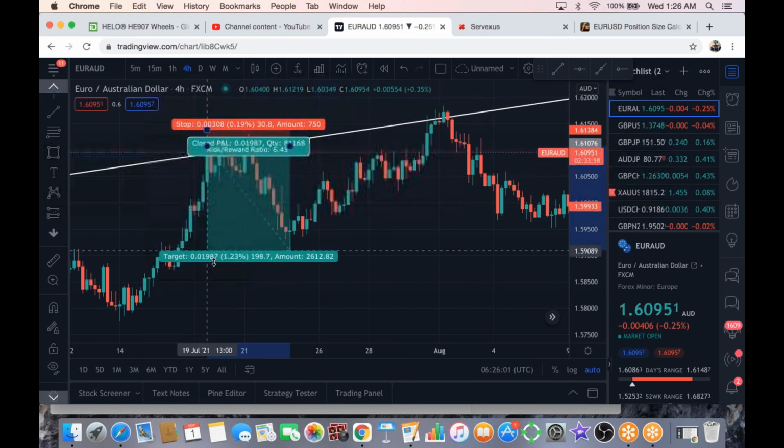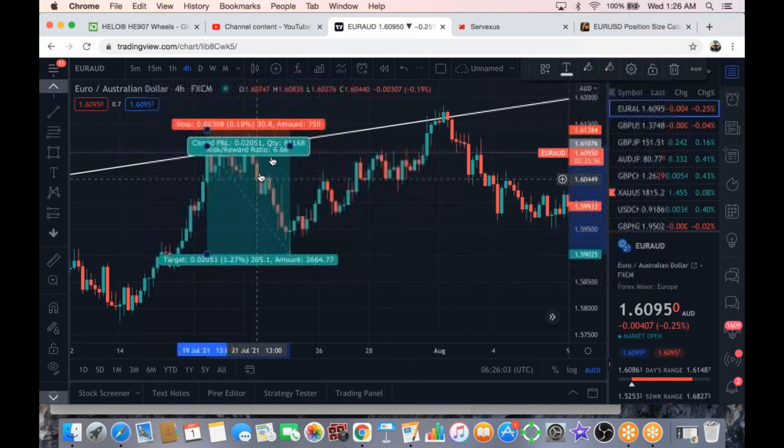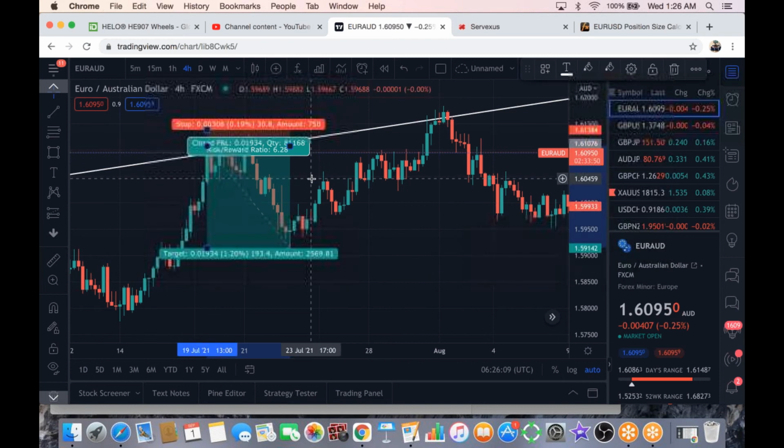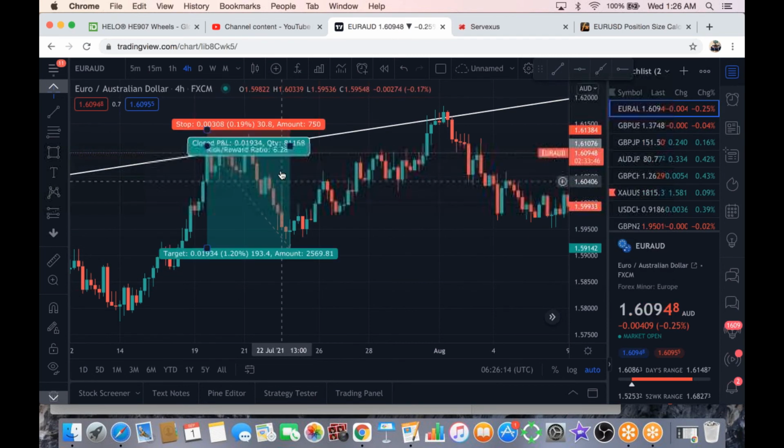Now, this trade ended up going, well, we don't like that number. Let's do a different number. The trade ended up going over 6-to-1. Okay, so it ended up going over 6-to-1 on the trade. So whenever that happened, when you seen that, the trade went over 6-to-1.